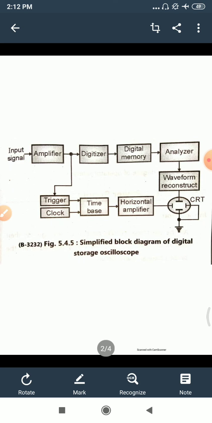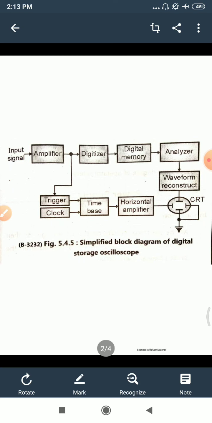While storing, the digital storage oscilloscope converts that signal into digital form, but whenever it needs to display the stored signal again, it must first be converted into the analog one. So for that purpose the waveform reconstructor block will work, and it will convert the stored digital signal into the analog signal, and it will be provided to the vertical deflection plates of the CRT, that is the cathode ray tube.